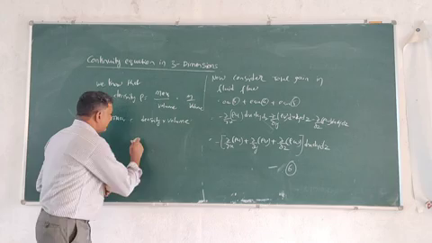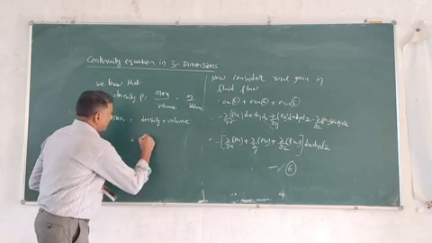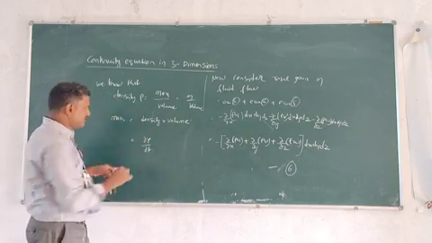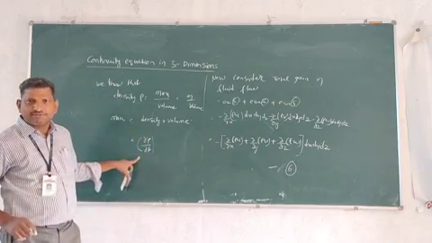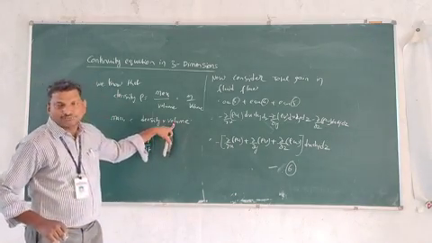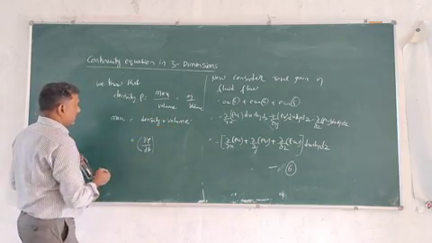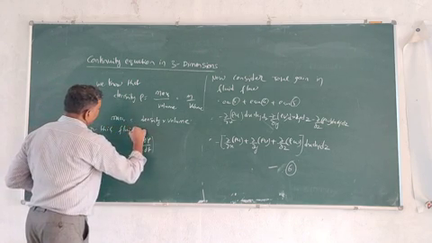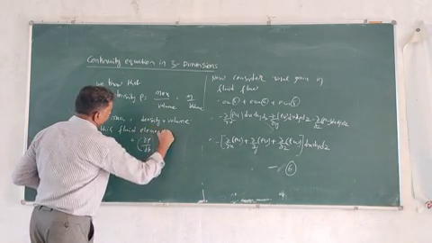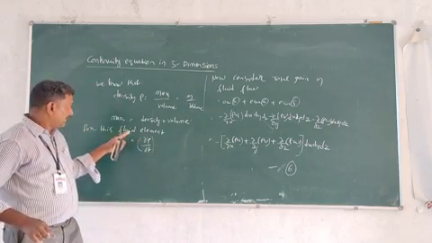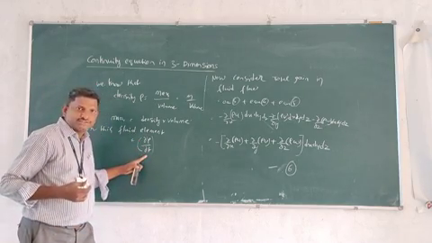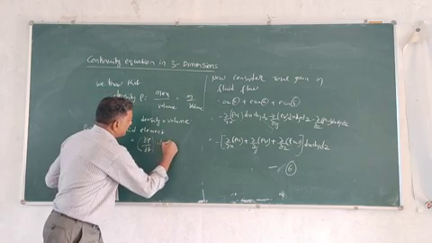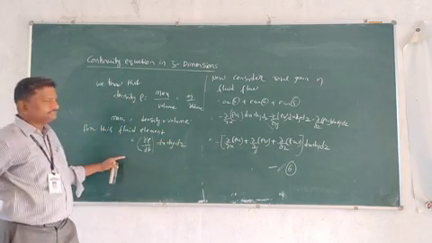If the density varies, we consider ∂ρ/∂t, which is the variation of density with respect to time. For this fluid element, ∂ρ/∂t into the volume dx dy dz.